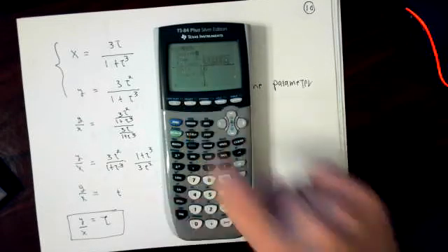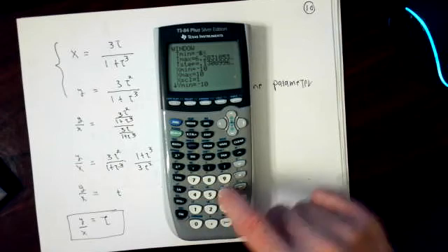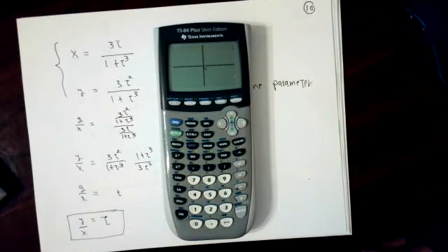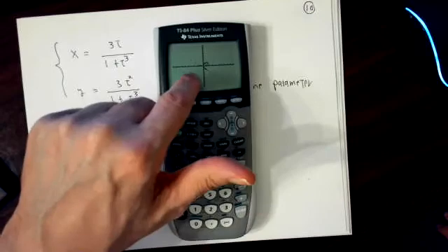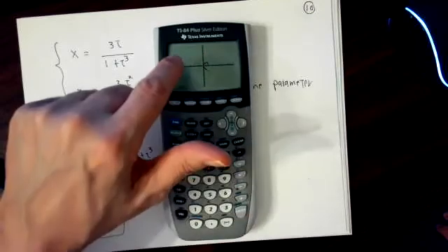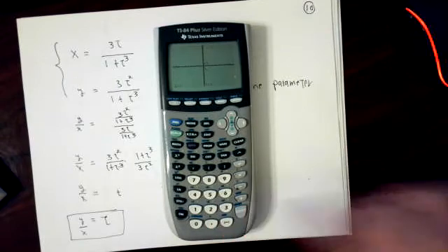Oh, I put it on the standard viewing window again. So t goes back to -6. So it looked initially like it went over here, it went around in a circle, and then there was the part upstairs. Zoom in.